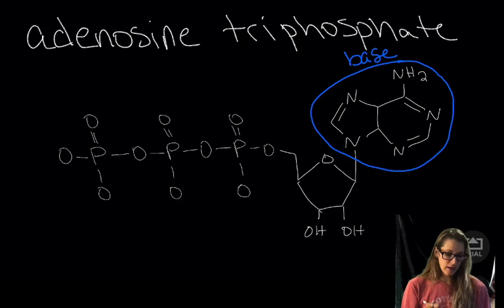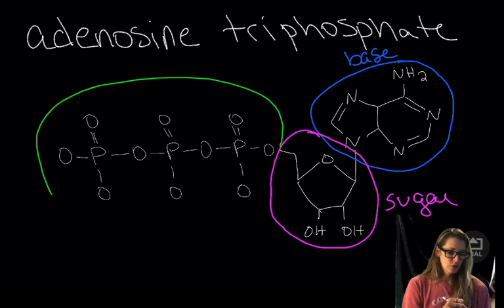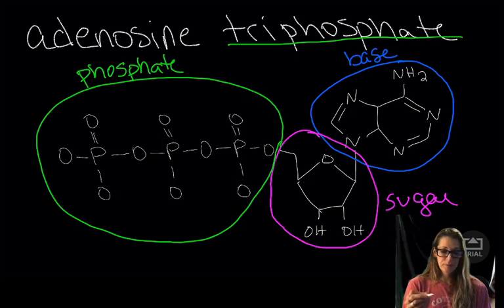And then you have here your pentose sugar. And then over here, 3 phosphate groups. That's where the triphosphate comes from.